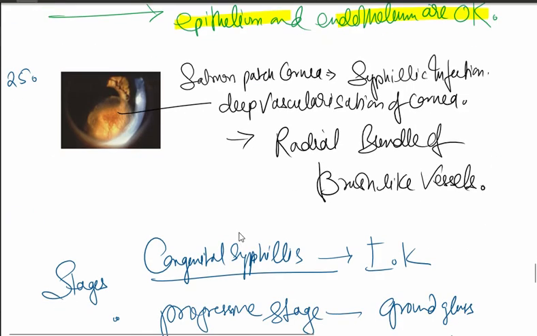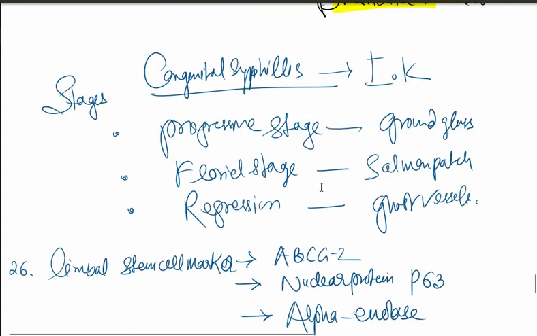So next one, what is this? Salmon patch cornea. This is seen in syphilitic infiltration. We can see deep vascularization of the cornea, radial bundles of brush-like vessels. Okay.